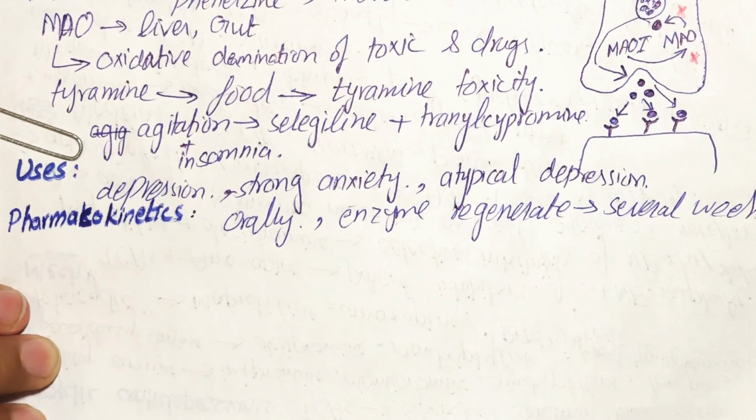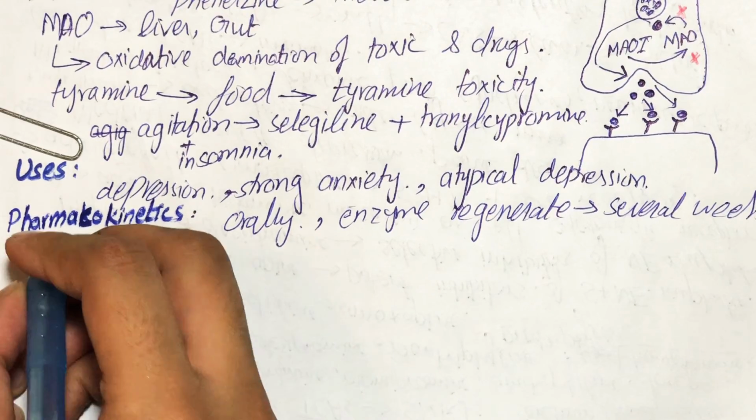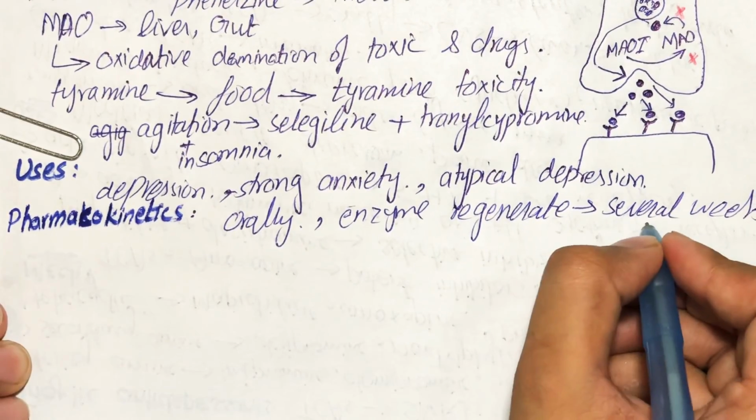Because if he does not wait for the regeneration of the enzyme, and gives another class of antidepressant to the patient, there will be an increase of neurotransmitters in the brain, and this will cause serotonin syndrome and many other adverse effects.